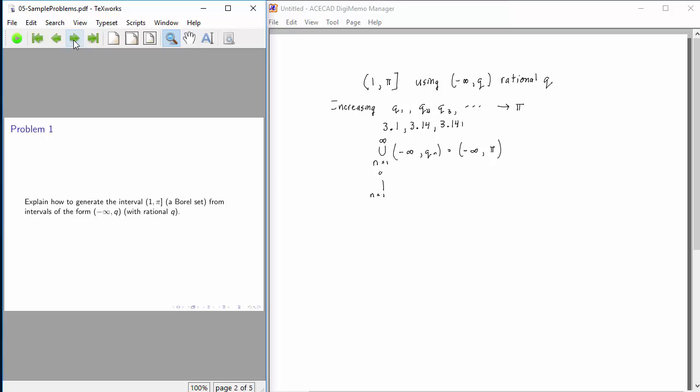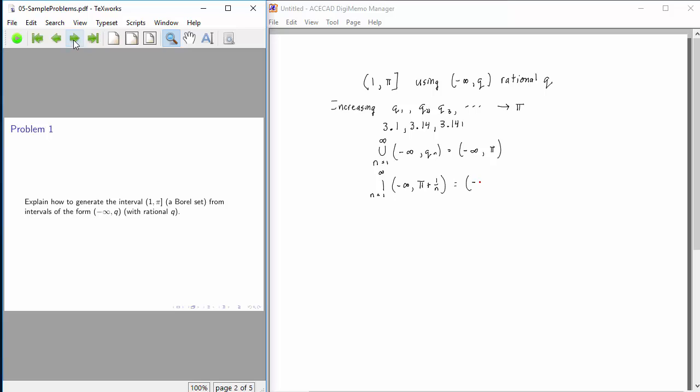So let's consider the intersection from n equals 1 to infinity. And let's make the interval be closed and still have pi as its right endpoint. If I can make the interval that goes from minus infinity to pi, I can also make the interval that goes from minus infinity to pi plus 1 over n.